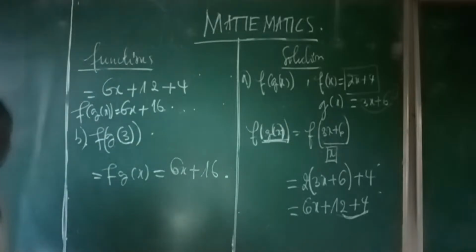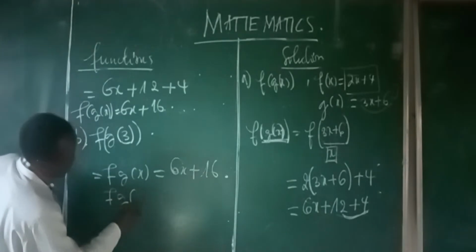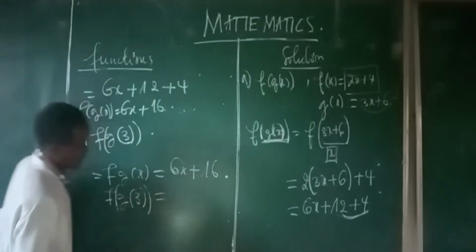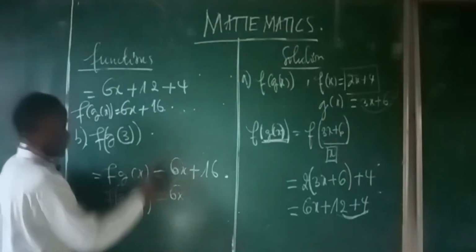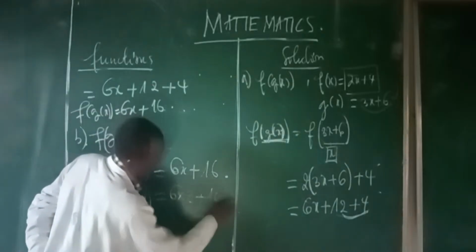Right? Then f of g of 3, we should get 6 times 3 plus 16.